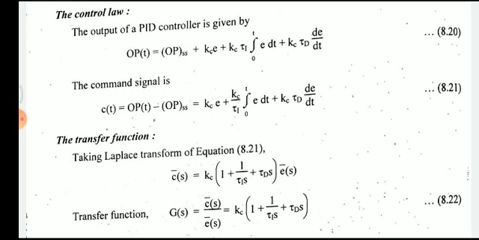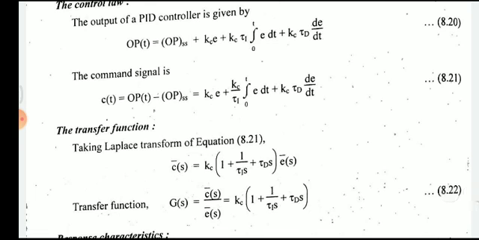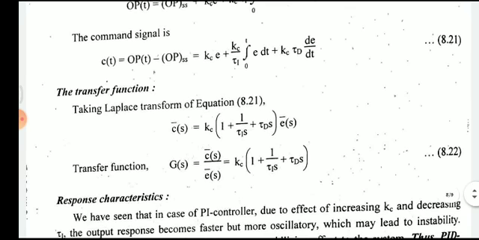Now which command signal do we get? The command signal C of t is equal to OP of t minus OP of SS. So the remaining will be like that: Kc of E plus Kc by tau1 is common, Kc by dt is common, Kc by tau1 integrations 0 to t E of dt plus Kc tau d dE by dt. And the transfer function from the equation 8.21 becomes the Laplace transform.